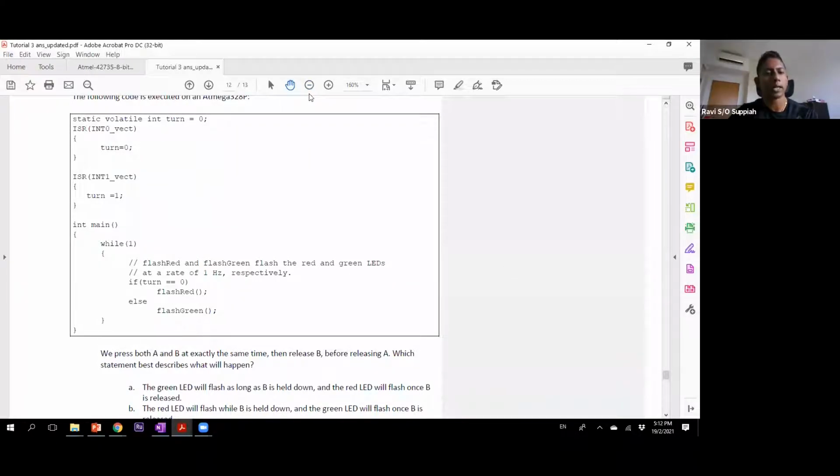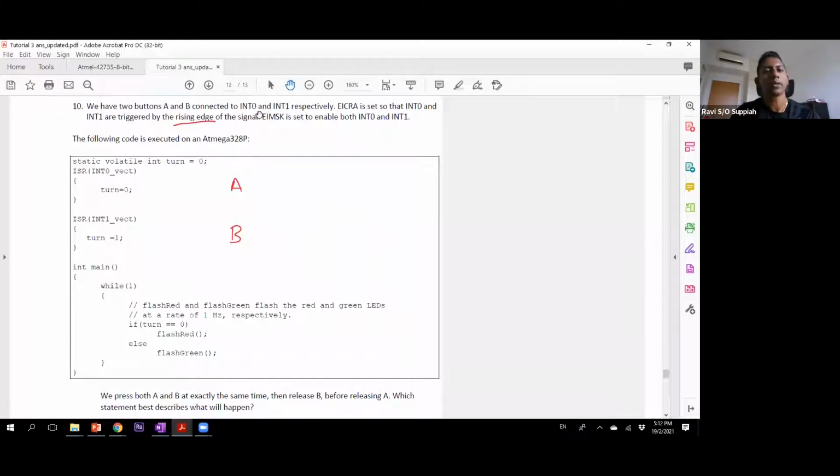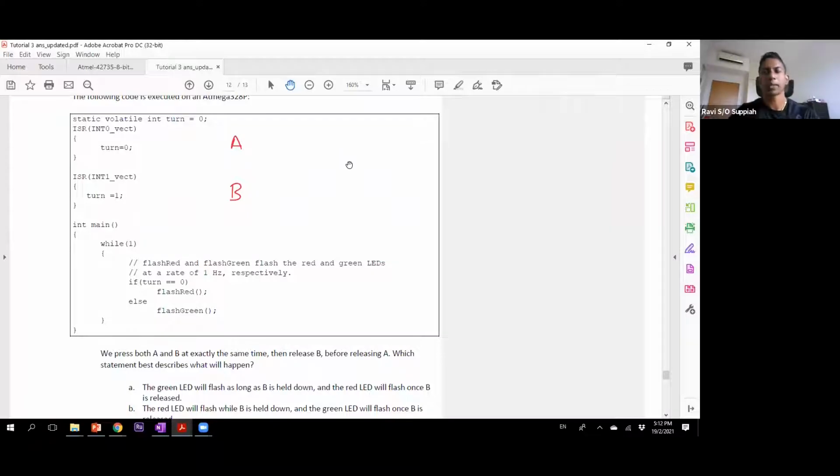Let's look at this. It's not clearly written here, but A is connected to interrupt 0, B is connected to interrupt 1. Let's draw the line. I have A and B, and let's assume that at this point in time, both of them trigger the rising edge.